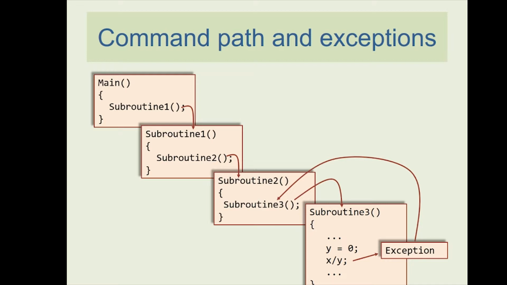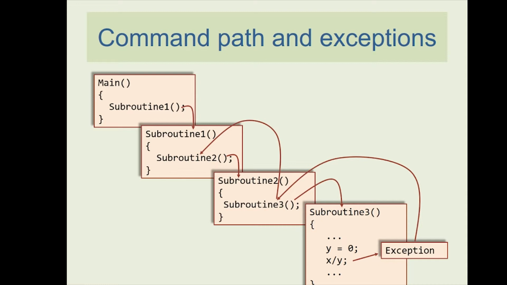But if there is no exception handler here, then that message will be sent back to that part of the code that made the call to subroutine 2. So that is the previous part of the command path in the program.